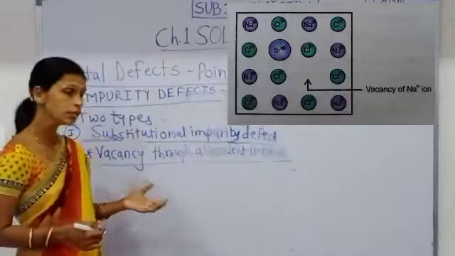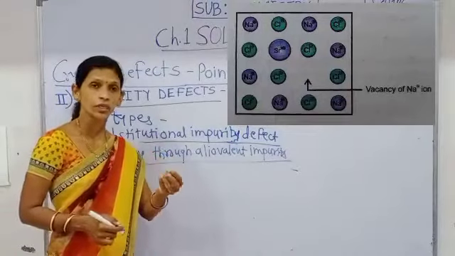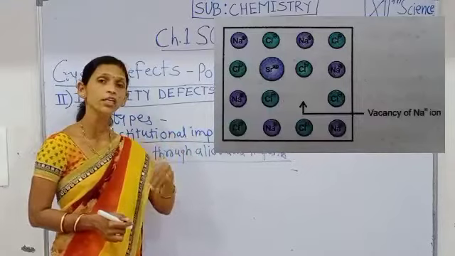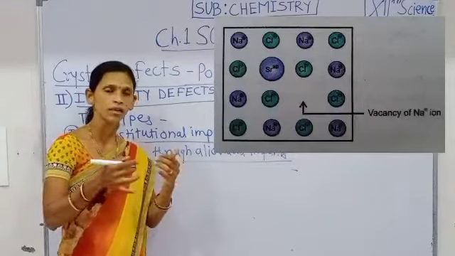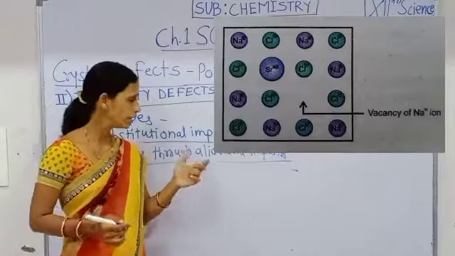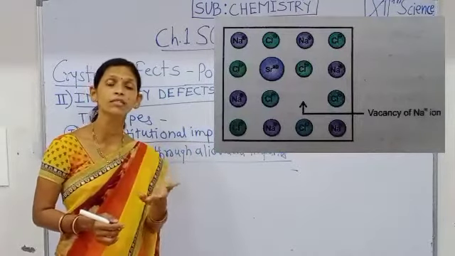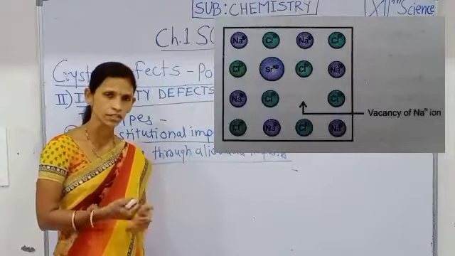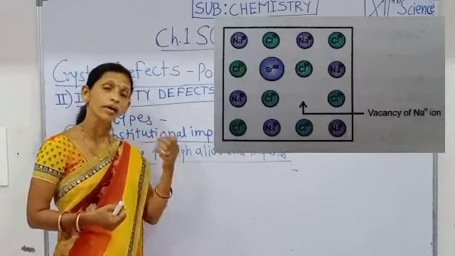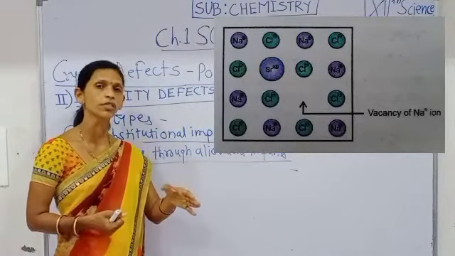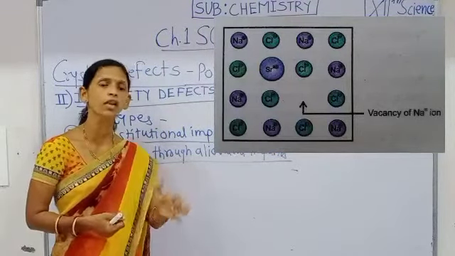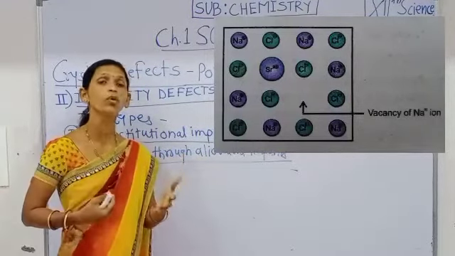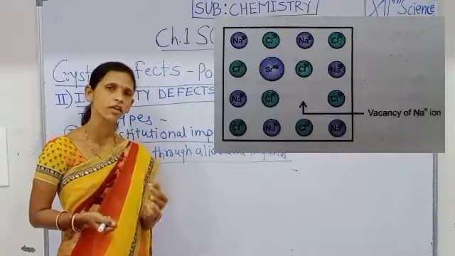That means the impurity added into the original crystalline substance contains cations with an oxidation state different from the oxidation state of the original ions present in the crystalline substance.